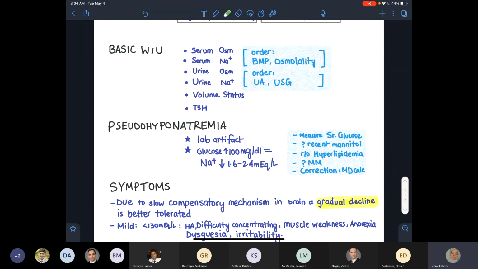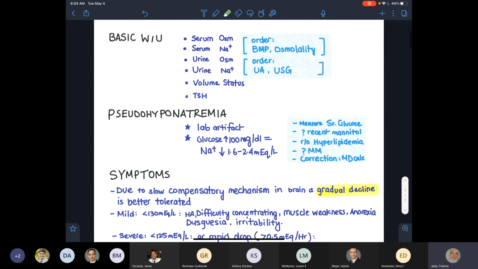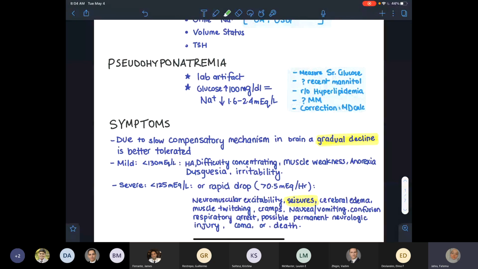We also need to take into account volume status, and sometimes you can send a TSH level as well. And I'll talk about why volume status is important in differentiating different types of hyponatremia.